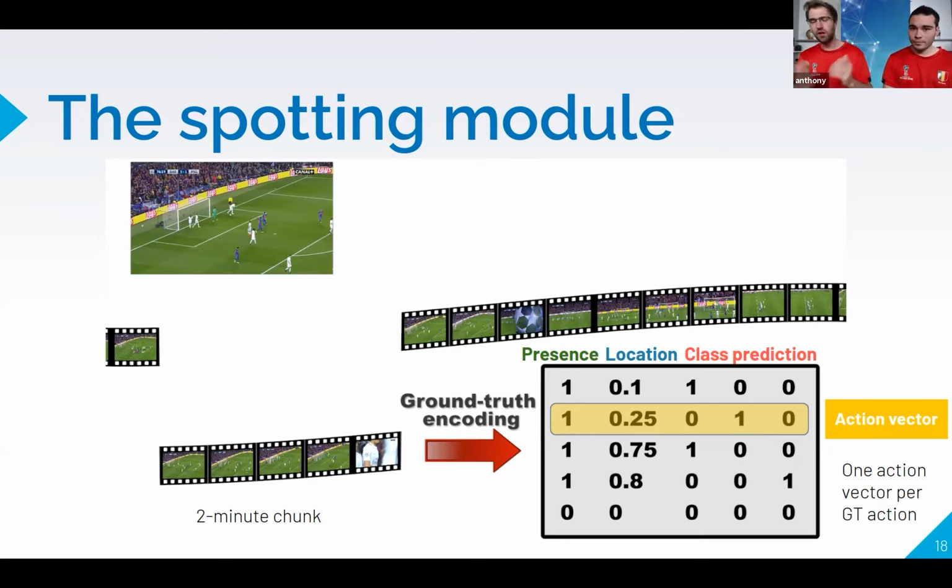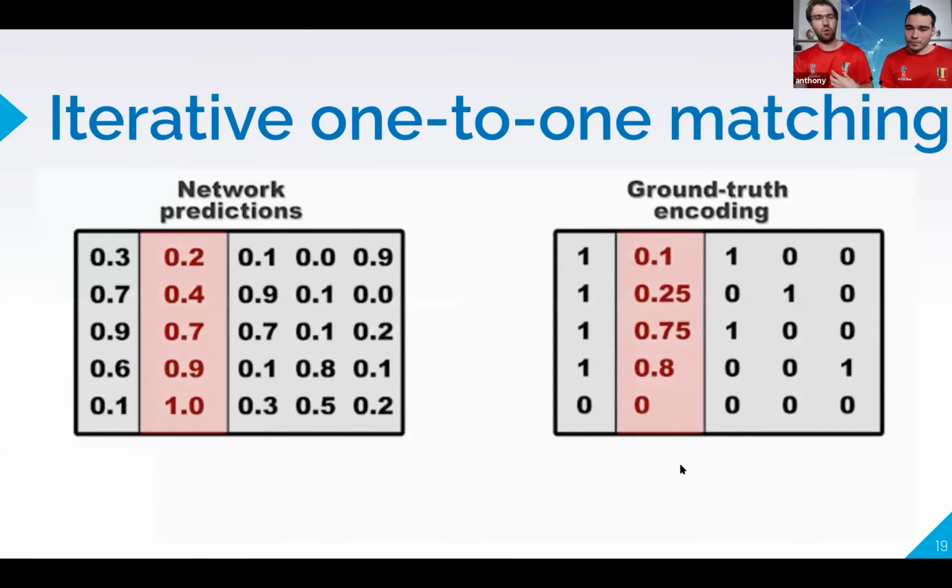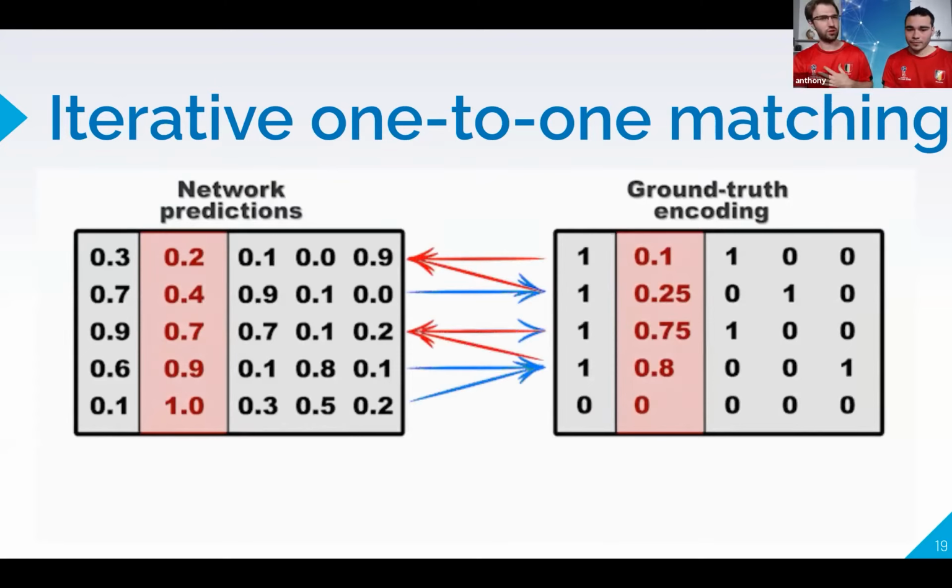There is no magic behind that. Let's say that in this chunk we have 4 actions. So we encode 4 action vectors, and the 5th row remains just zeros. All right? So now our network will output action vectors, which will be compared with the ground truth action vectors. But we will not ask our network to order its predictions.